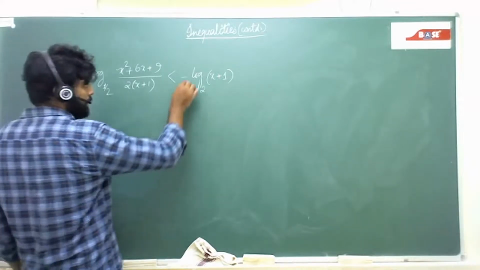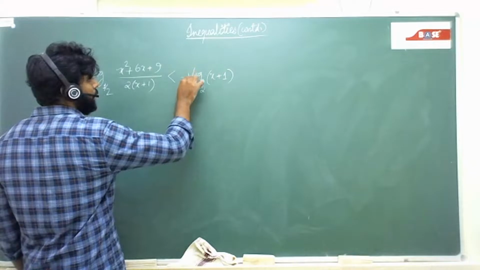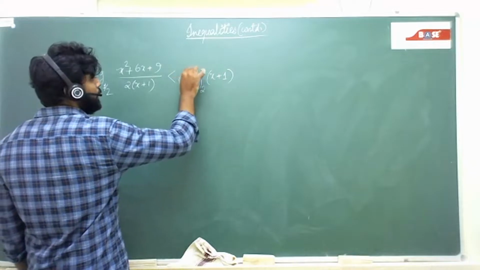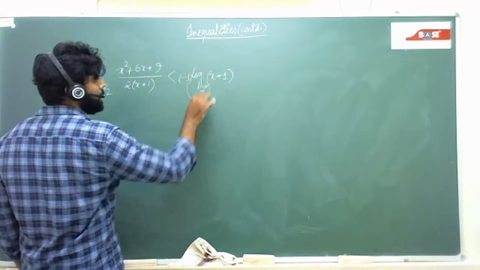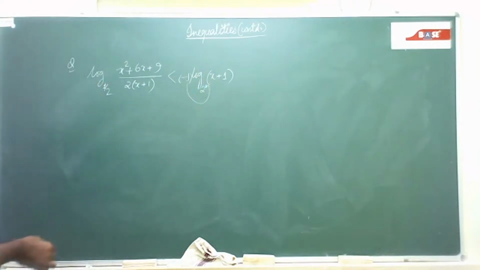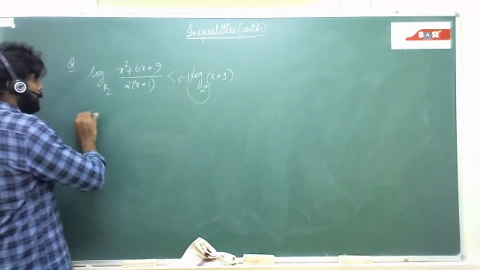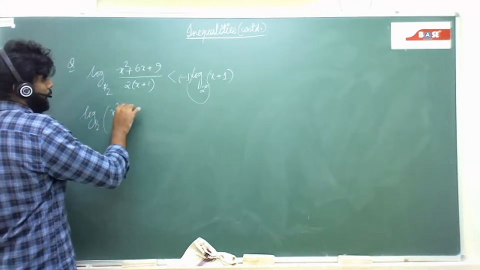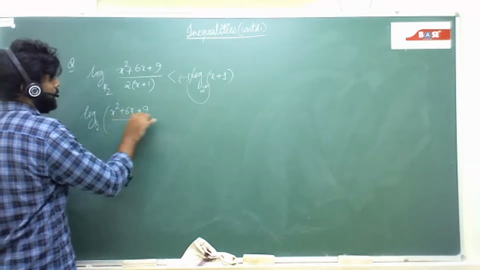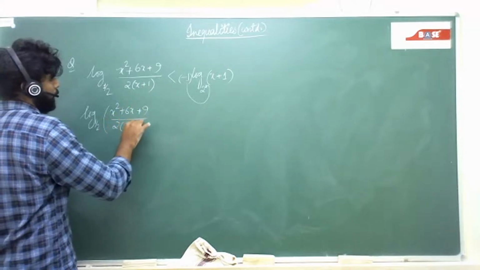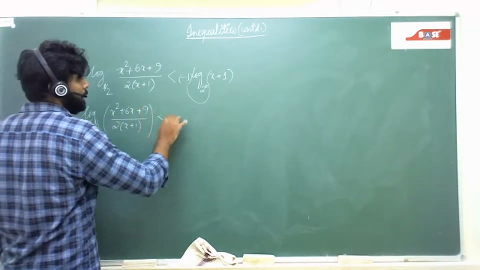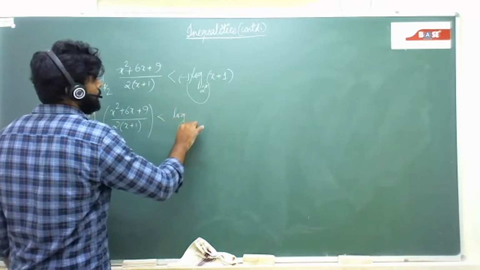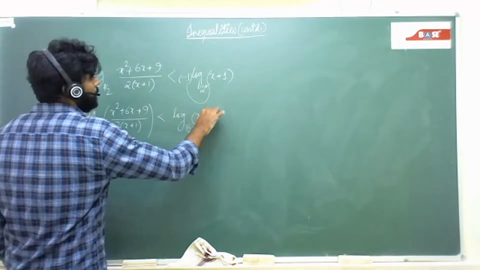Now, this minus is none other than minus 1, right? And this minus 1, if we take it in the exponent of the base, that is allowed by the logarithm property. So now we will be having it like this, log base half of x square plus 6x plus 9 divided by twice x plus 1, and that is less than log base half of x plus 1.